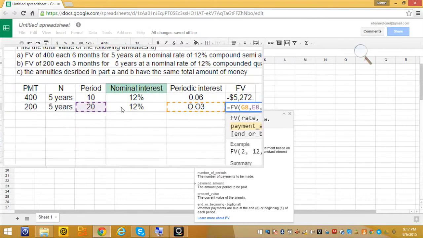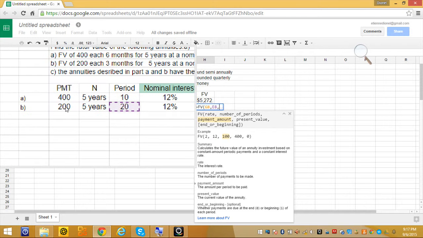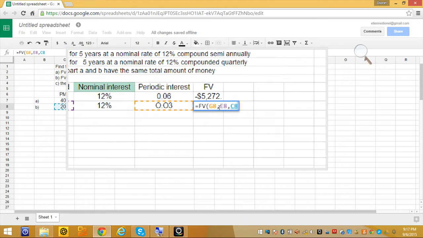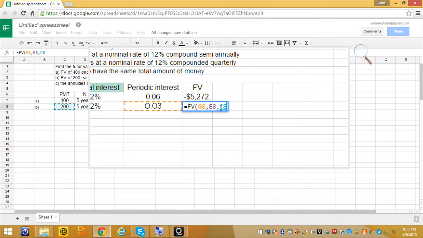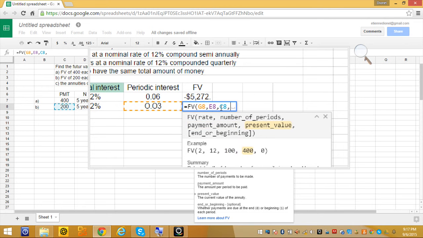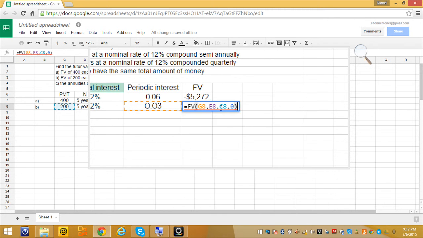The payment is 200, right? Comma, what next? Present value is 0 in this case. Then close the parentheses.